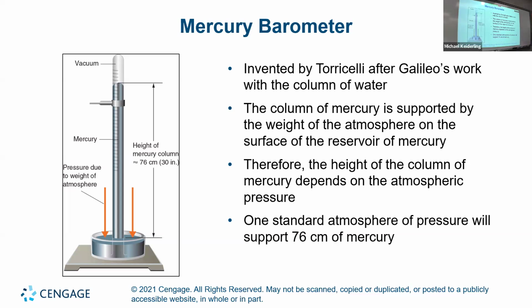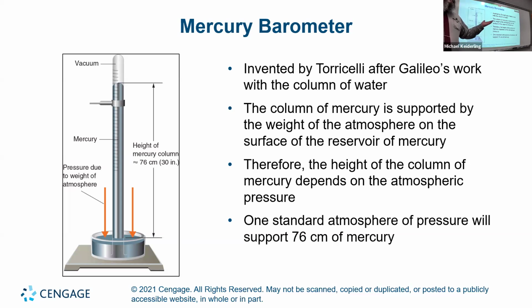1 millimeter of mercury in pressure is also known as 1 torr, because there are far too many units for pressure. So the column of mercury is supported by the weight of the atmosphere on the surface of the reservoir of mercury. The reason we use mercury is because it's the densest conveniently available liquid. And because it's very dense, the column is only 30 inches tall.